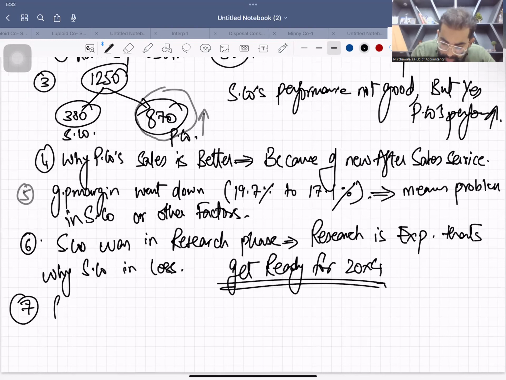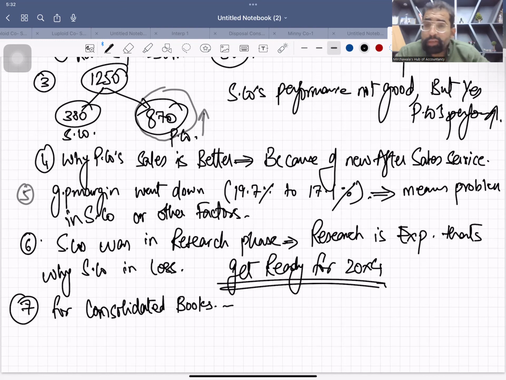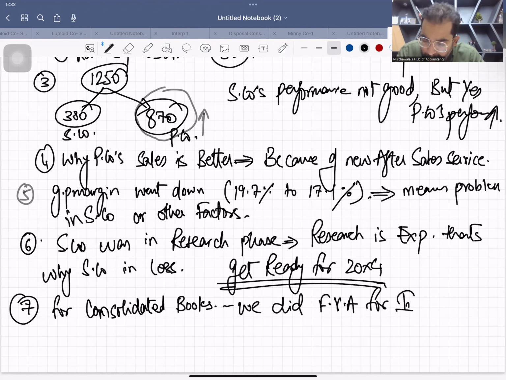Then for consolidated books, why did the consolidated books performance go down? For consolidated books, we did one fair value adjustment, FVA for intangibles, remember? I've already taught you this, for intangibles of 250 million. So 250 divided by 10, 25 is the extra depreciation.